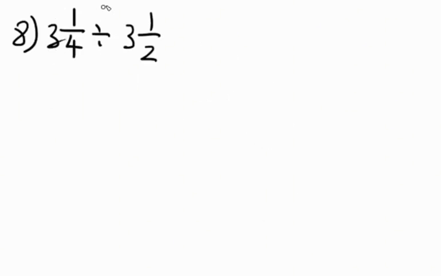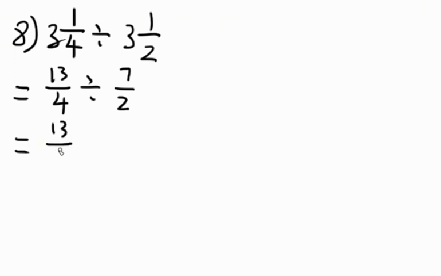Question 8. 3 and 1 over 4 divided by 3 and 1 over 2. So first we'll convert these to improper fractions. So this will equal 3 times 4 plus 1 equals 13 over 4, divided by 3 times 2 plus 1 equals 7 over 2. So now we will flip this fraction. So this will equal 13 over 4 times 2 over 7.